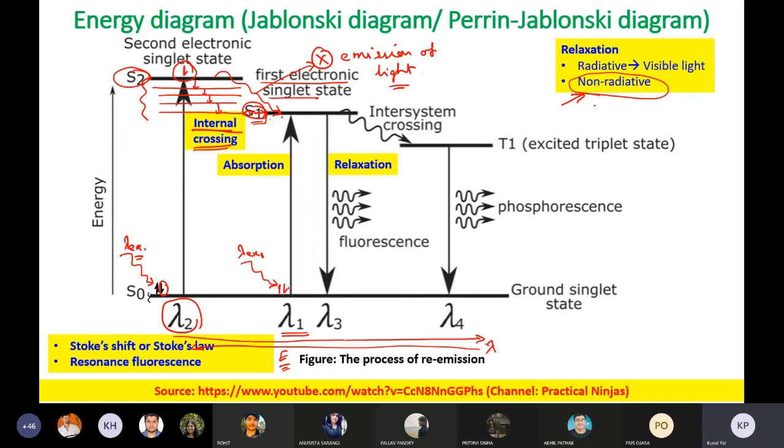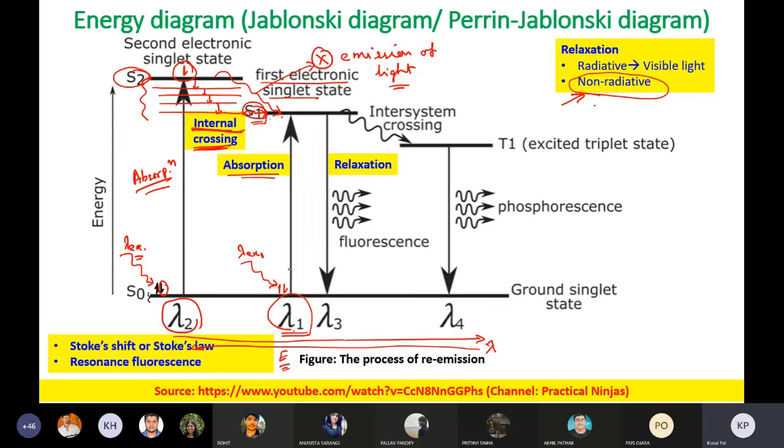Now if you want to send the ground singlet electron directly to the first electronic singlet state, you have to use a wavelength of lambda 1 to send that electron to the upper state. This process is called absorption. Here also, when you incident a lambda 2 wavelength, there is absorption, and then there is a relaxation process, which is the internal conversion, and it is non-radiative.